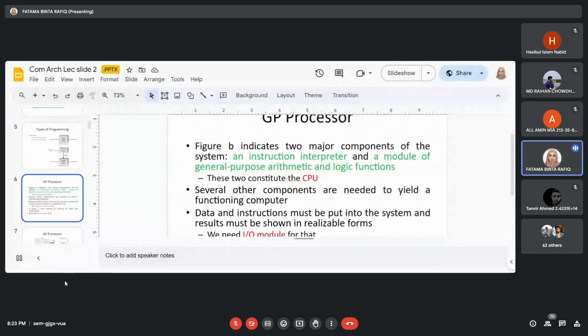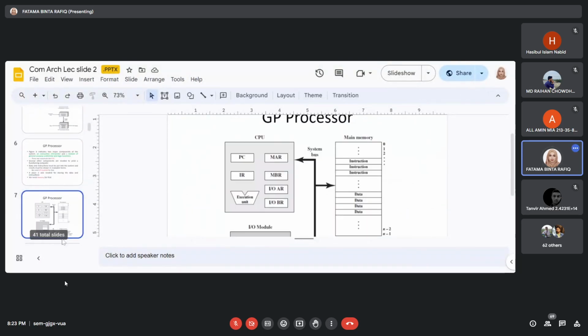This GP processor actually works inside the CPU. What does a computer perform or solve in every processing work in the CPU? That is actually done by the GP processor. So in this figure, you can see that the GP processor will look like this.